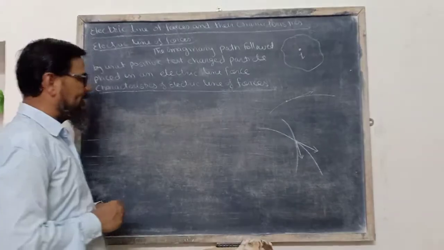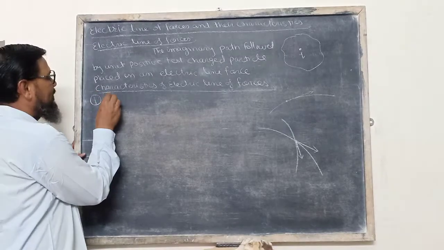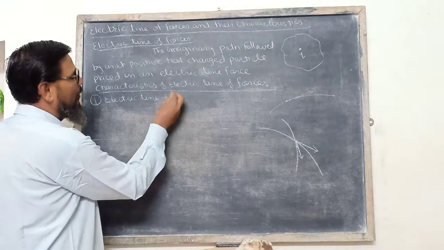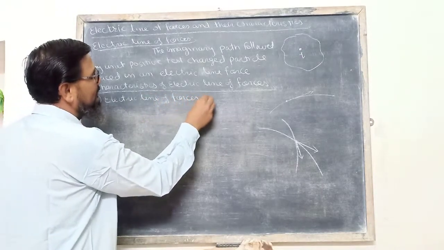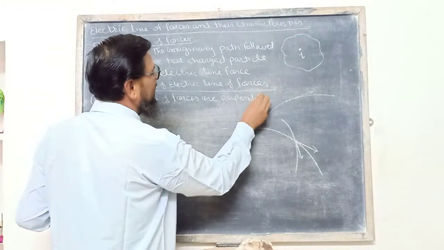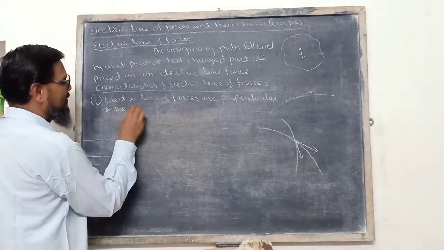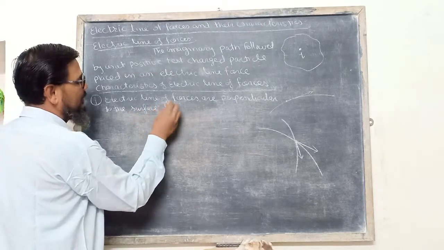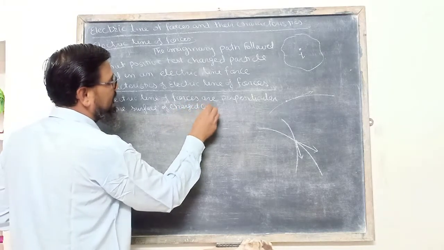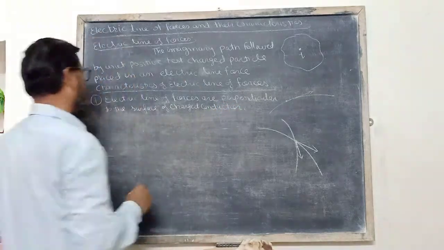So these are the few characteristics of electric line of forces. The first one is electric line of forces are perpendicular to the surface of charged conductor. This is the first characteristic.